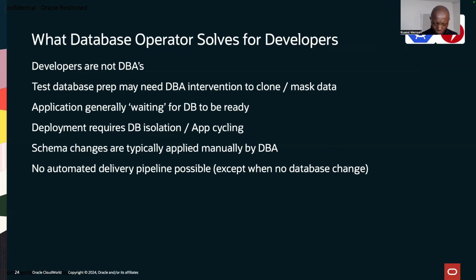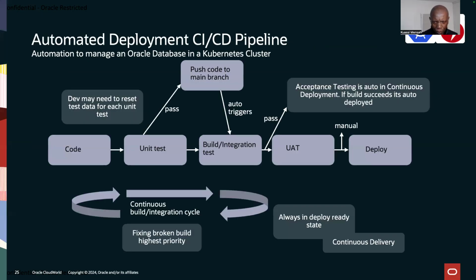So let's see how this works. You have the automation of all the coding and the unit testing. When you pass the unit test, it is auto-triggered to go into the build and integration test. And when that passes, you have the acceptance test in automatic continuous deployment.